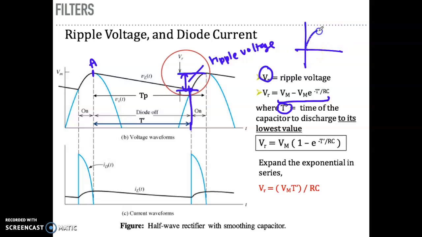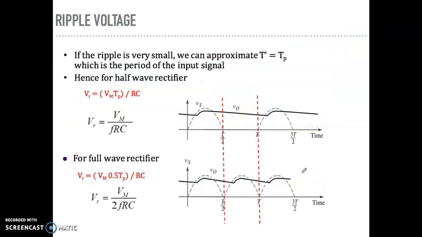Means if we denote from here until here we call the period, the normal period that you learned in frequency, right? Okay, so when you expand this formula, you can get VR equal Vm T prime over RC.